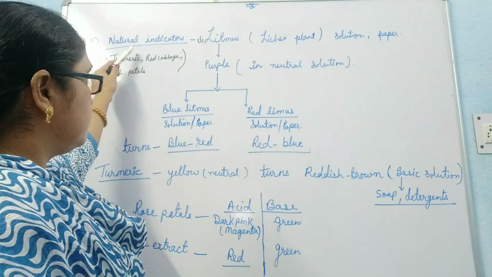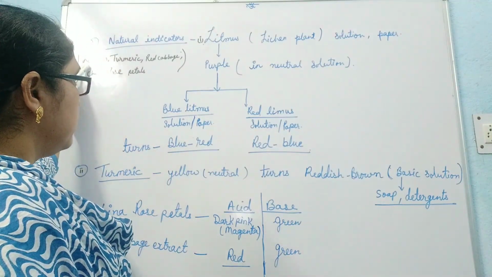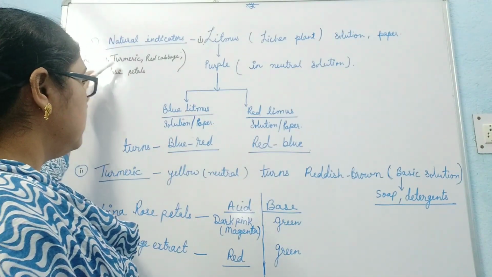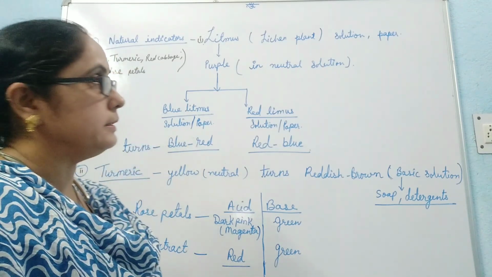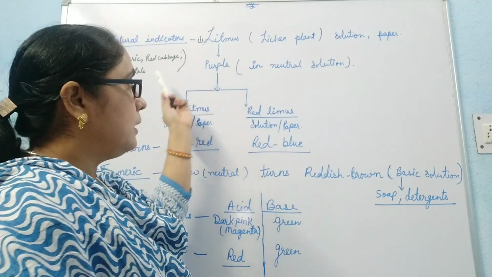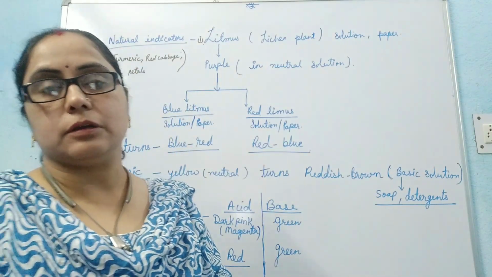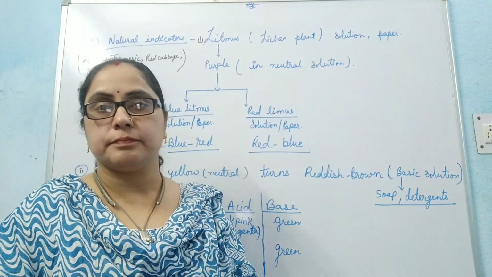Natural indicators include litmus in the form of solution or paper, turmeric, red cabbage and China rose petals. These are all natural indicators because we get them from plants.